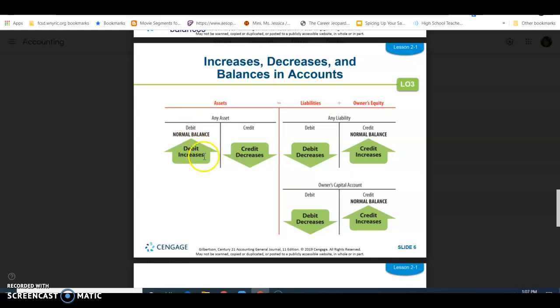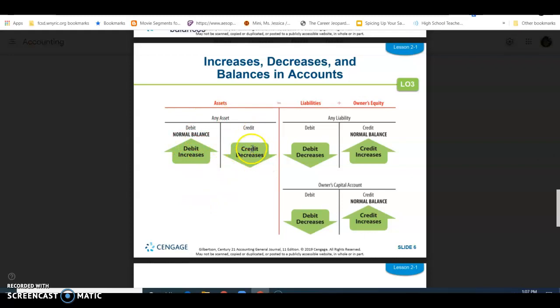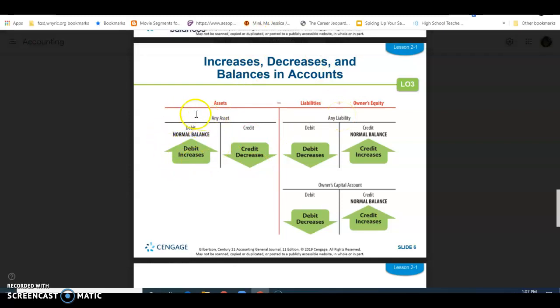In this case, the debit side is the increase side, and that's the normal balance. The credit side for all assets is the decrease side. Doesn't matter what the asset is. Debit is the increase, credit is the decrease. Notice, by the way, that on the left side of the wall, it's the left side of the T that increases.